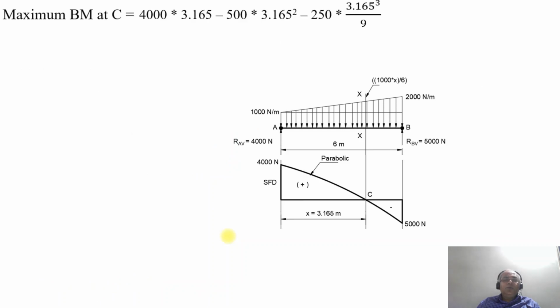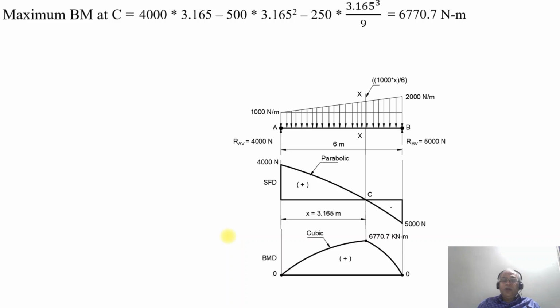So 4000 into 3.165 minus 500 into 3.165 the whole square, minus 250 into 3.165 cubed by 9. So the value is going to be 6770.7 Newton meter.